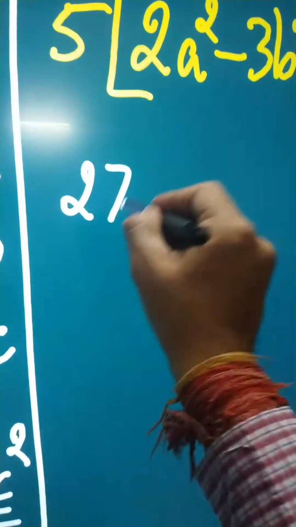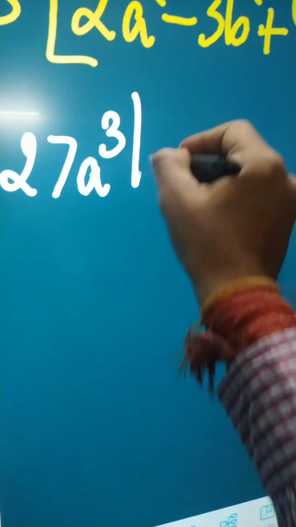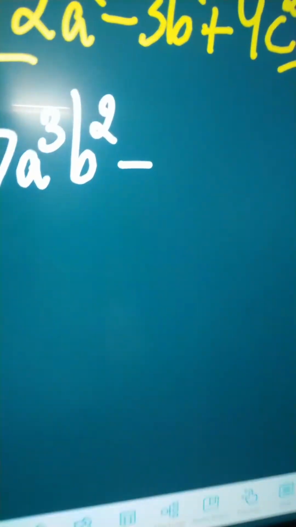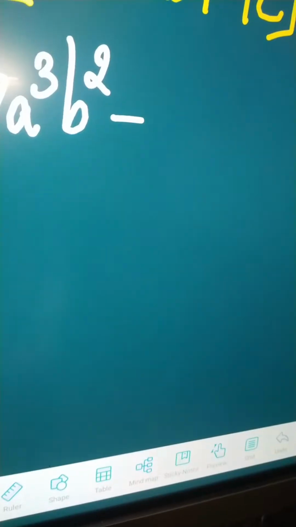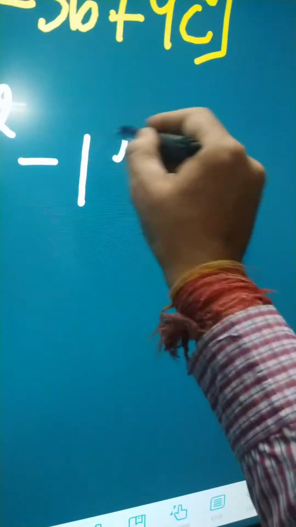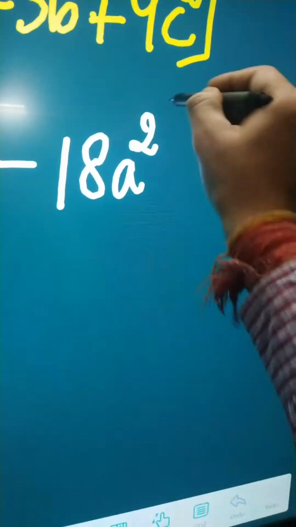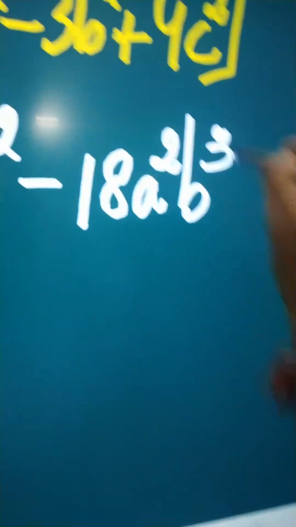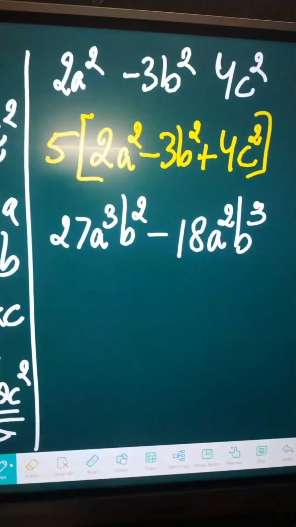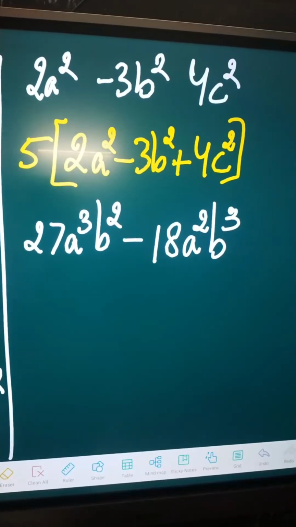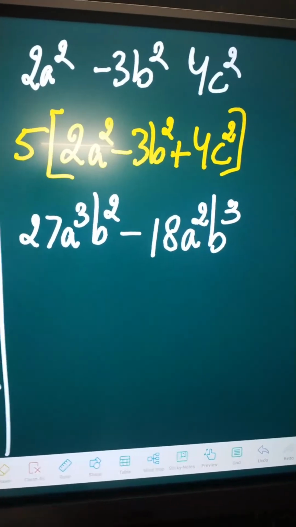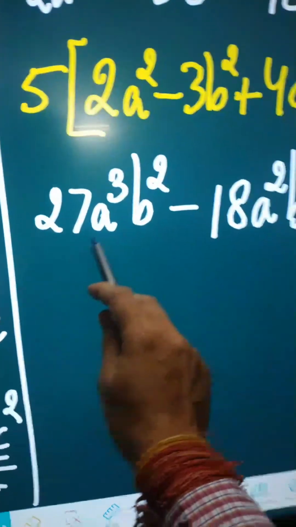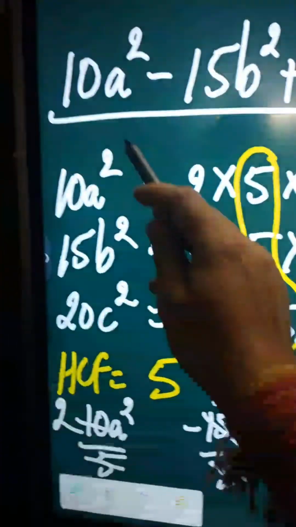Suppose there is a question given as 27a cube b square minus 18a square b cube. You will find the HCF of both terms like I have told.